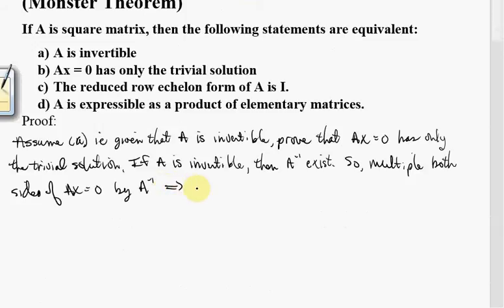So here, this implies that A inverse times A times X is equal to A inverse times the 0 matrix, right? This implies that we have the identity matrix times X is equal to the 0 matrix.